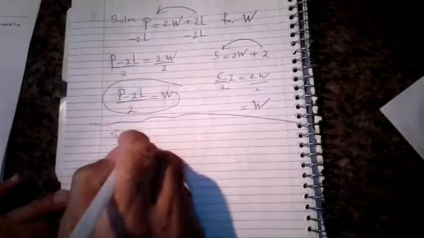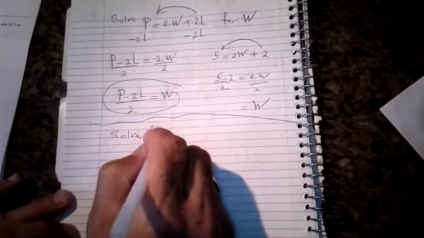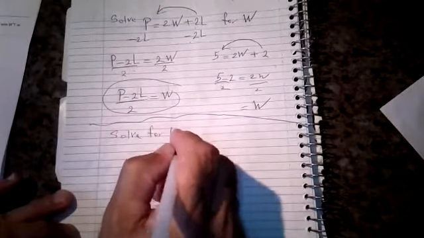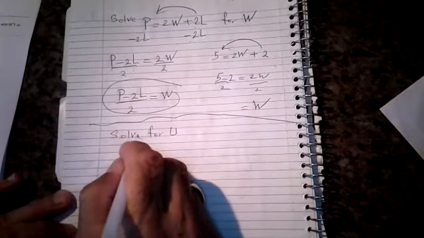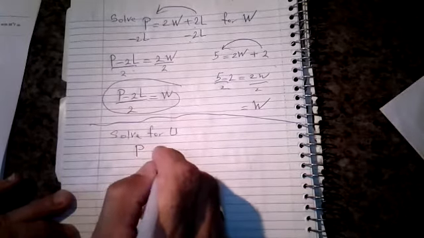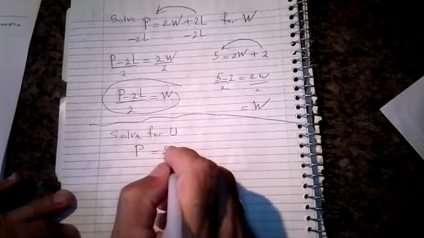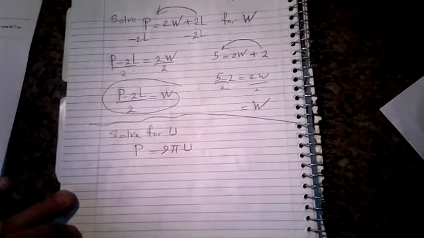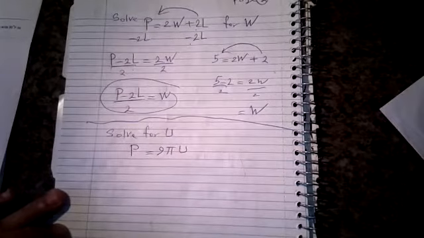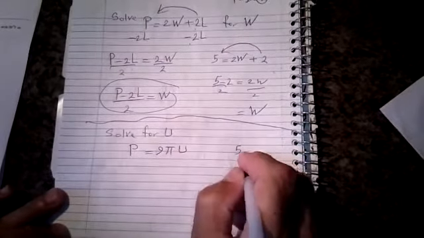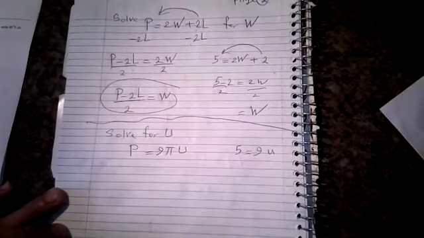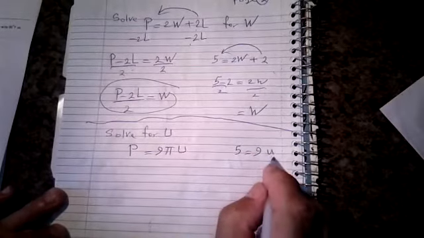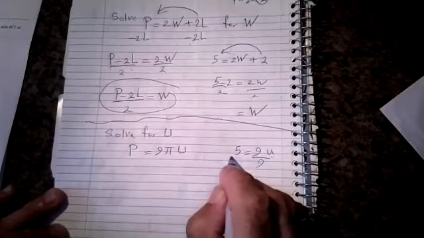Solve for the letter U: P is equal to 9 pi U. It's like if you have 5 equal 9U, what would you do? Don't you divide both sides by what is sitting next to U?